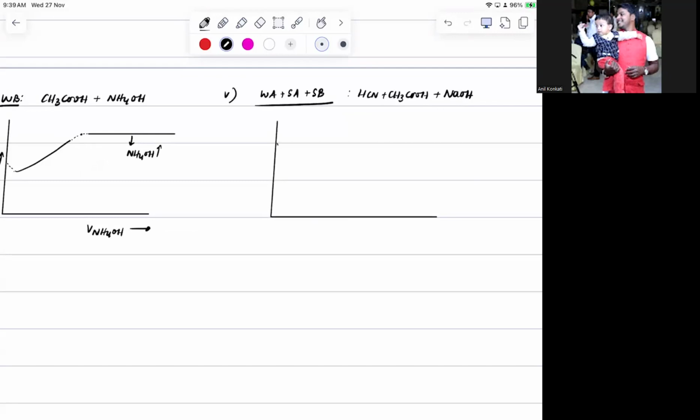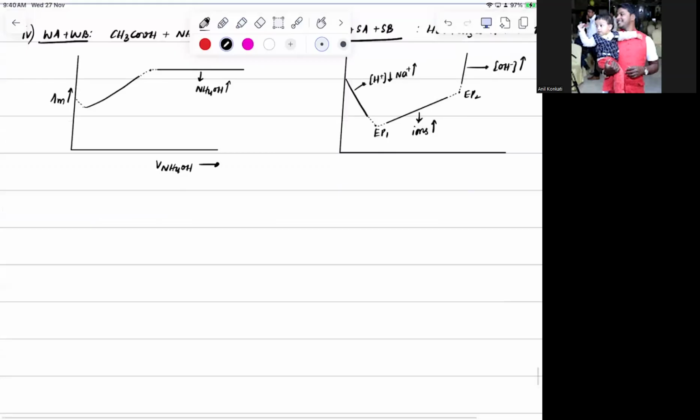So initially it will decrease, reach the first equivalence point, from there increase, reach the second equivalence point, and from there increase again. This is EP1, this is EP2. Here H plus is decreasing and Na plus is increasing. Here ion concentration increases. Here OH minus concentration increases. These are the reasons for this graph.